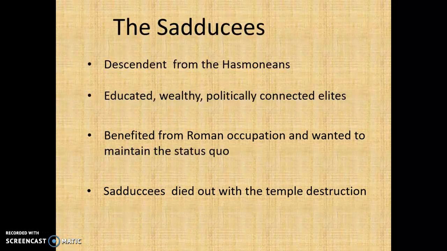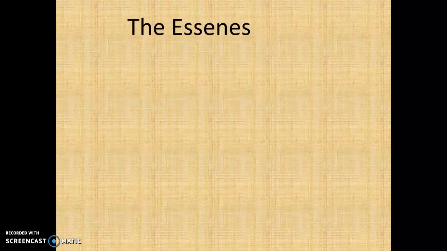So they tended to work with the Romans. The Sadducees were in charge of the things that went on in the temple, the selling of animals and things like that. And so when the temple was destroyed in 70 CE, they sort of died out as a group in Judaism because they no longer had their main central authority.